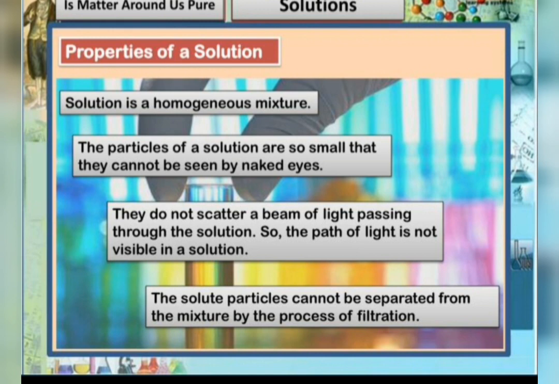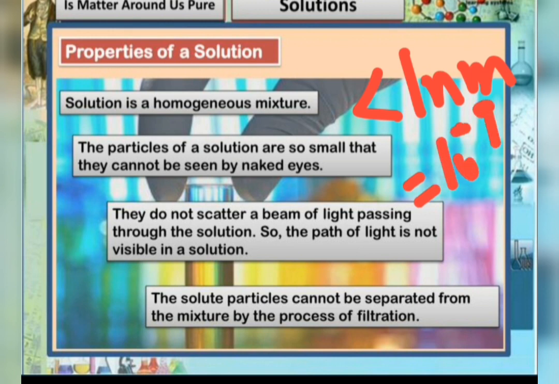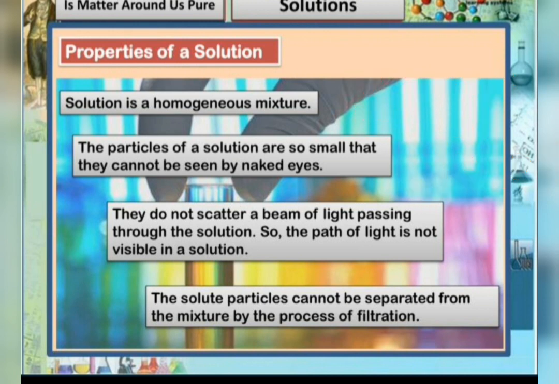The size of solute particles in a solution is extremely small, less than 1 nanometer in diameter, where 1 nanometer is equivalent to 10 raised to the power minus 9 meter. So the size of solute particles is very small, that is why they cannot be seen by naked eyes.